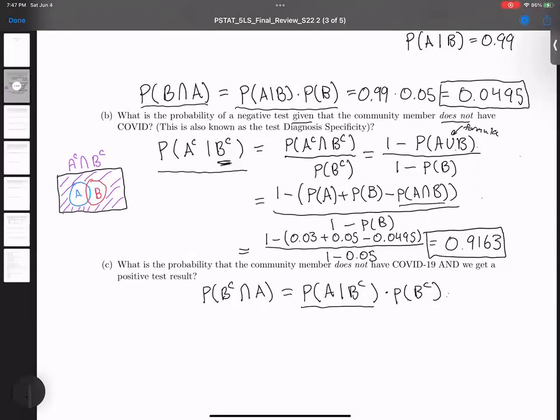Because given the person doesn't have COVID, they take the test, either it's going to show up positive or it's negative. And 91% of the time, it's going to show up negative if they don't have COVID. So this essentially breaks down into 1 minus the probability of A complement given B complement, and then this is still times the probability of B complement.